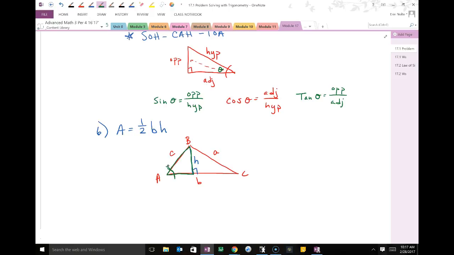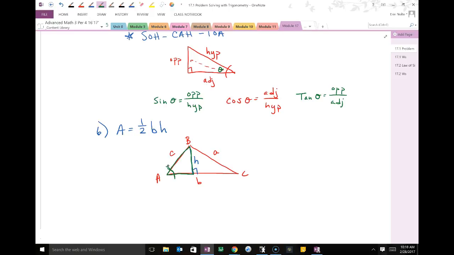First of all, what are the letters that you see? C and not B, because B is the whole length of the base. So we can't use the B. C and H. See the green one? Okay, so if I'm going for my angle A, which trig ratio am I going to use? What sides are those compared to my A?